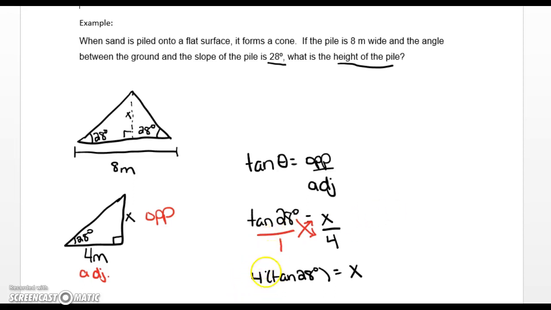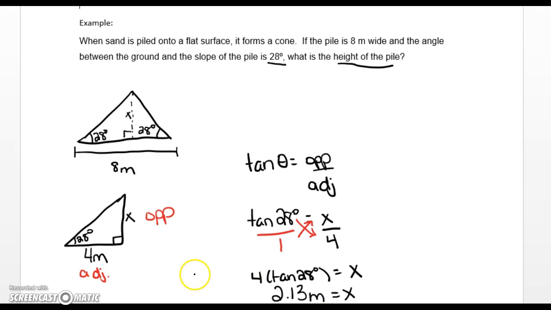So make sure this 4 goes out front, and then tan of 28 is in brackets. To solve for x, we plug this into our calculator exactly as we see it. We go 4 times the tan of 28 degrees. When you put that into your calculators, you should get 2.13 as your answer. And here we should talk about our units, which are meters.